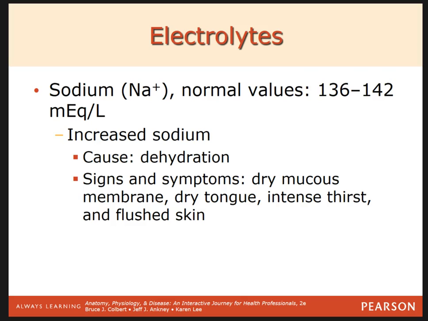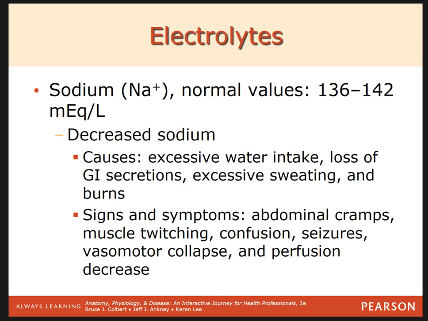The next electrolyte is sodium. Sodium is old term natrium, which gives it its elemental symbol capital N lowercase a with a +1 charge, or a cation. The normal values are 136 to 142 milliequivalents per liter. An increase of sodium could be caused by dehydration. Less fluid leaves the salt behind. Signs and symptoms can include a dry mucous membrane, dry tongue, intense thirst, and flushed skin.